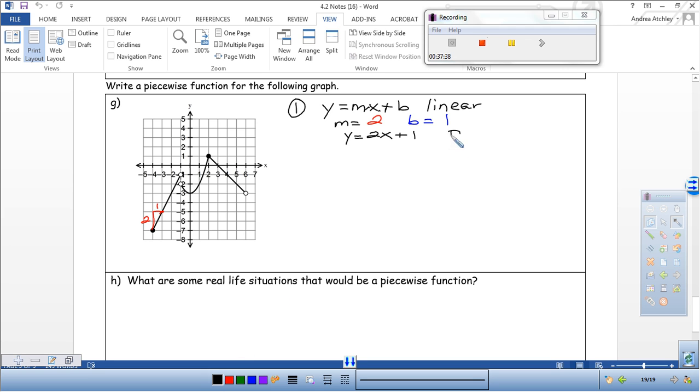Then we just need the domain. Okay, so here's my beginning part. You want to know where it starts for x and where it ends for x. So it starts at -4 and it ends at -1.